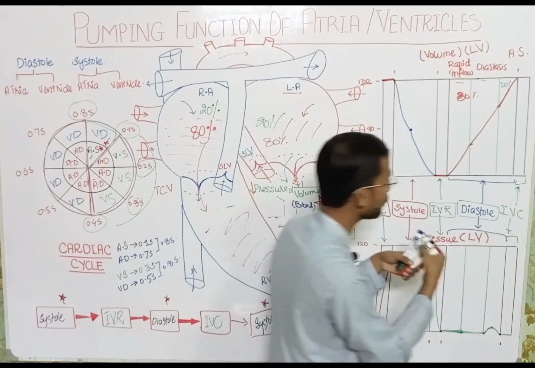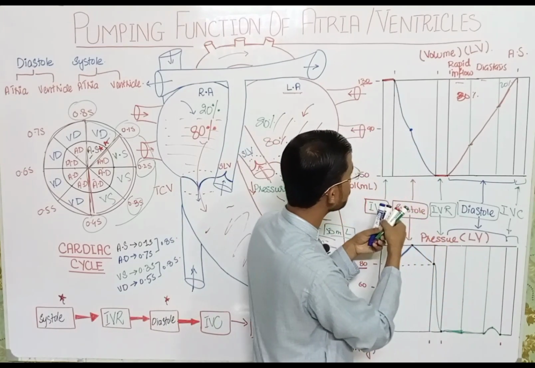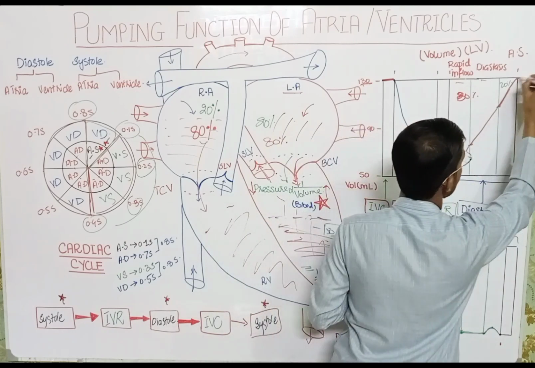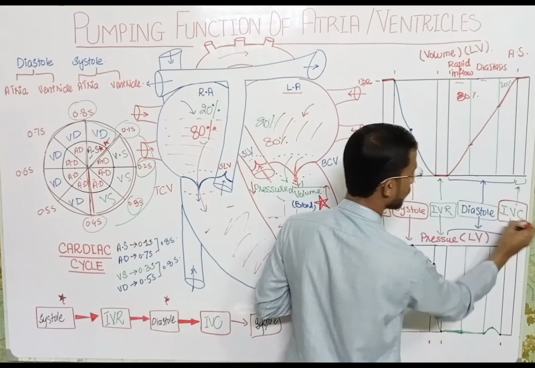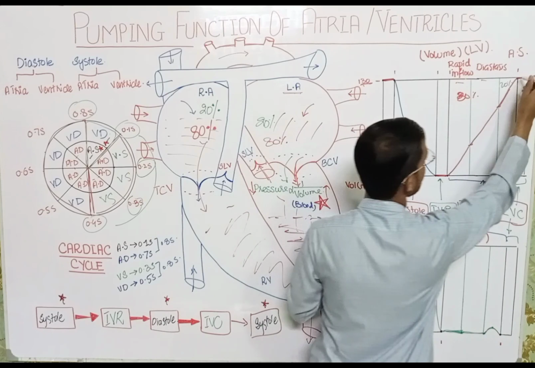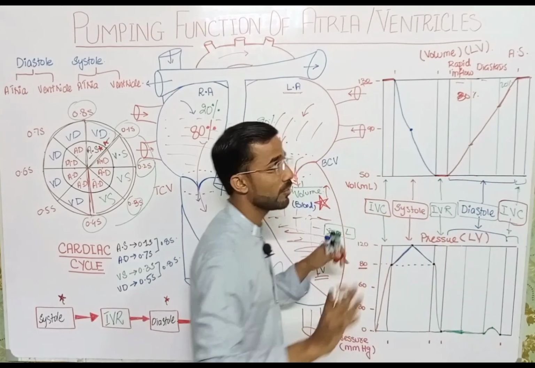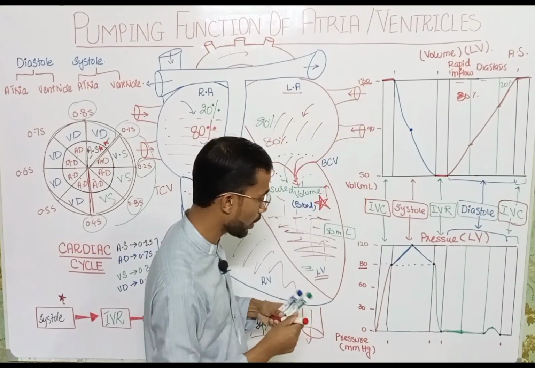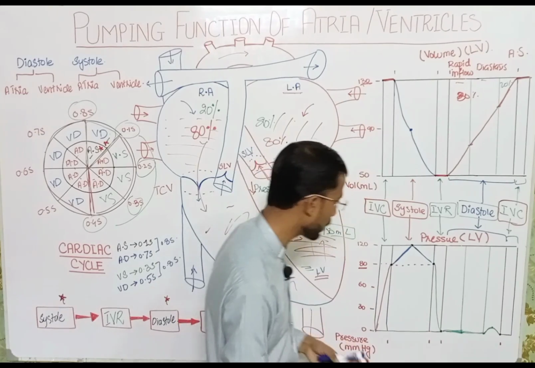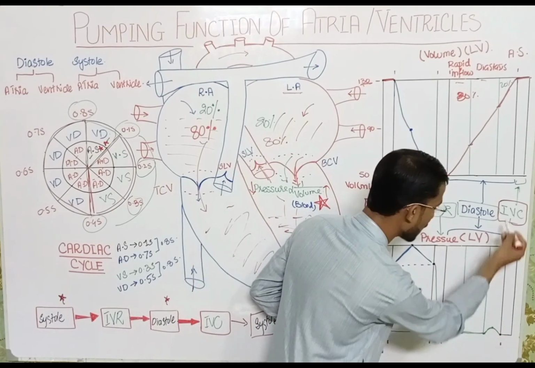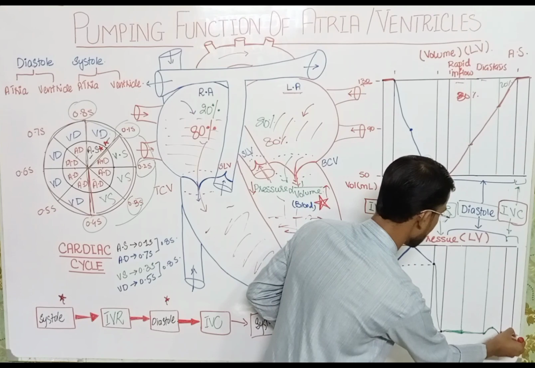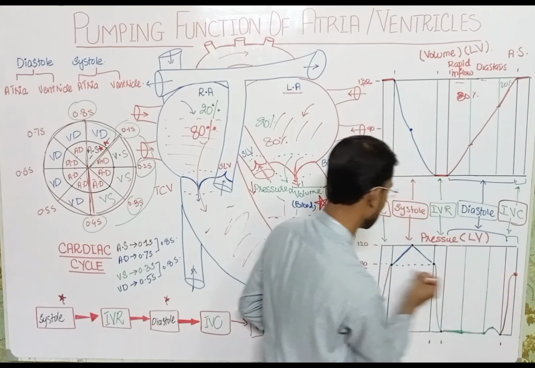Here is the isovolumic contraction. In isovolumic contraction, the volume will remain at 130, and the pressure increases up to 80, like this one.